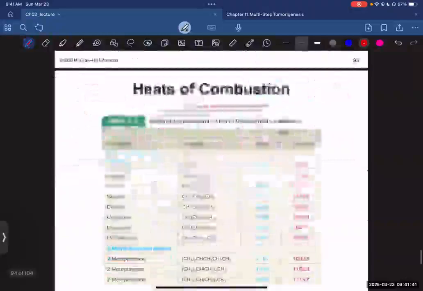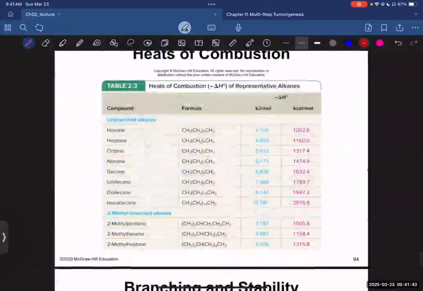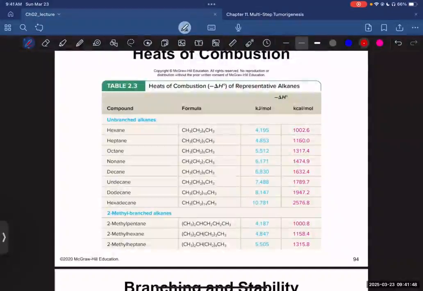So when we look at the heats of combustion of some of these alkanes, we see that as the alkane becomes longer and longer, the heat of combustion becomes bigger and bigger, meaning it's going to be much more unstable if that alkane becomes very, very long.